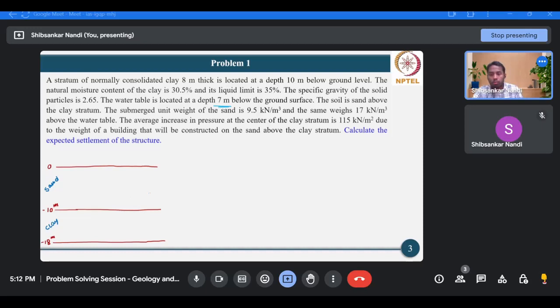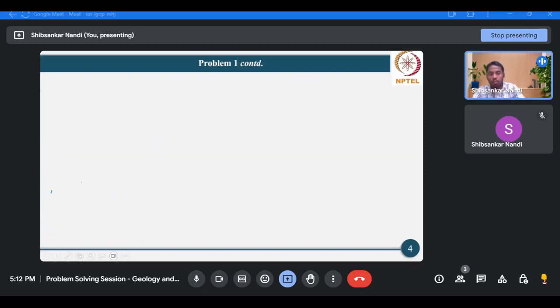So somewhere here the water table is located. So this is your ZWT minus 7.